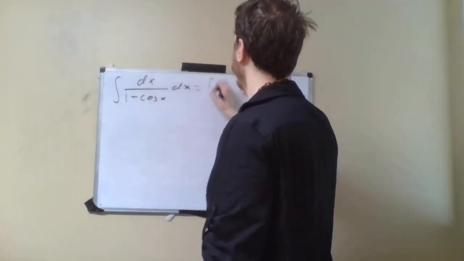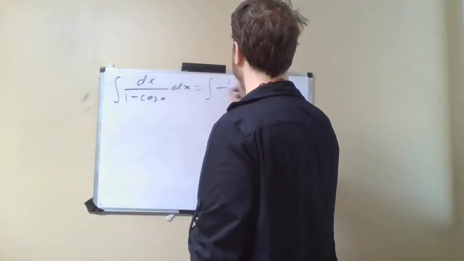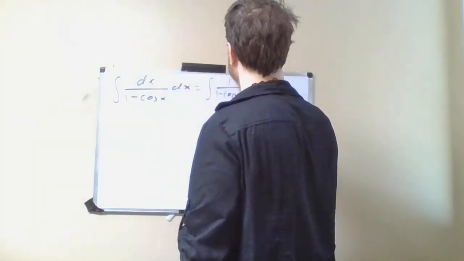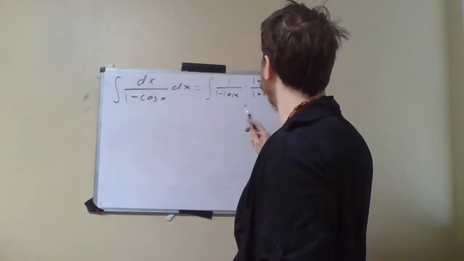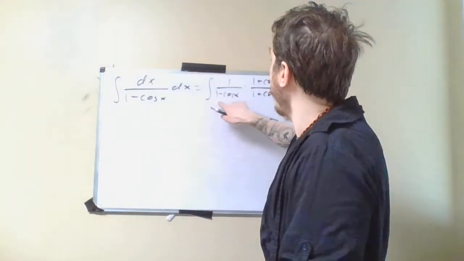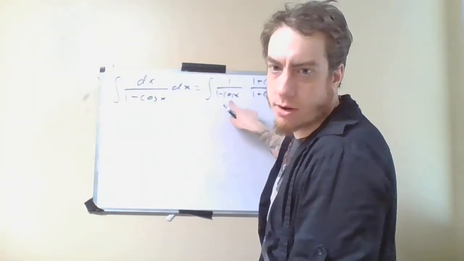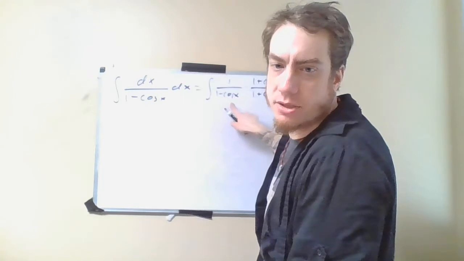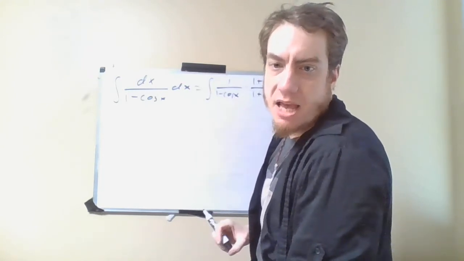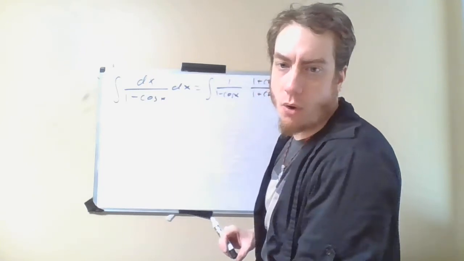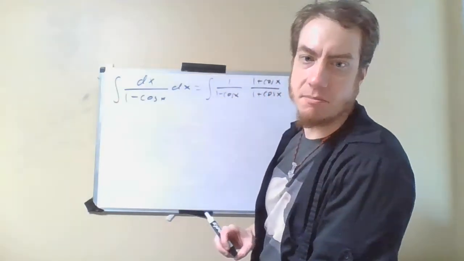So this is the integral of 1 over 1 minus cosine x, times 1 plus cosine x over 1 plus cosine x. On the bottom, this gives me 1 minus cosine squared, which possibly simplifies a bit and hopefully is a little bit simpler.